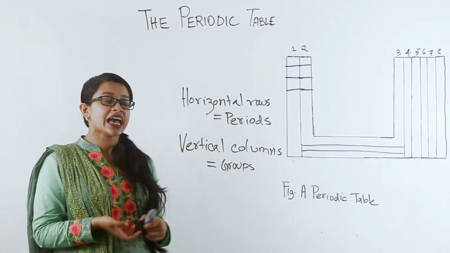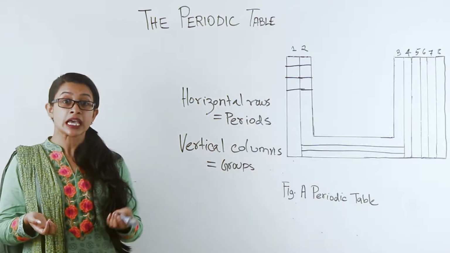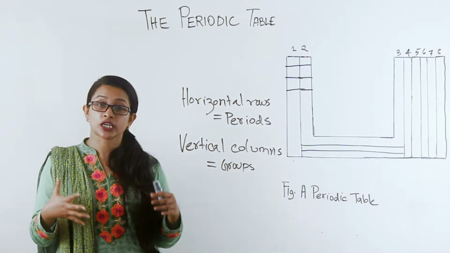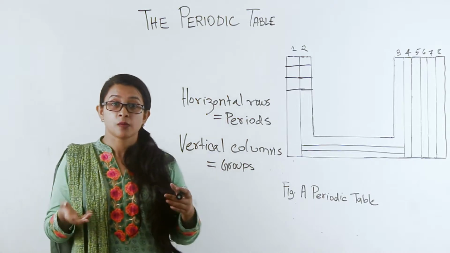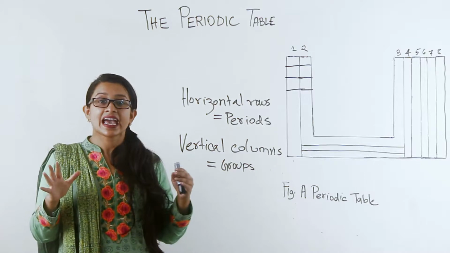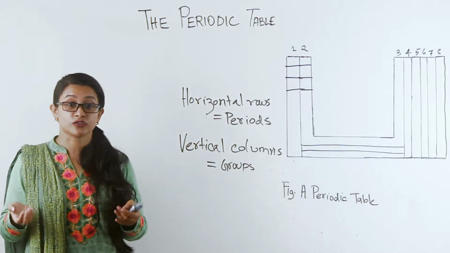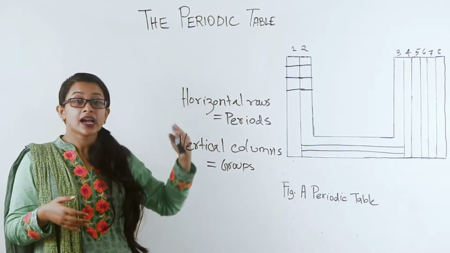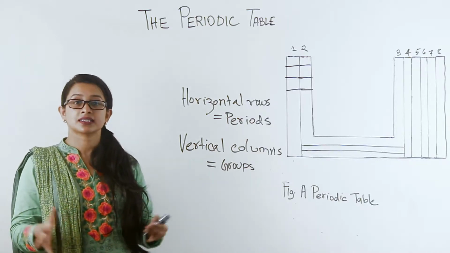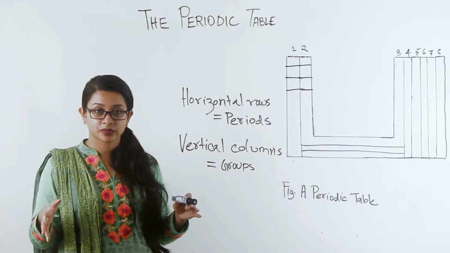Because as we have discussed when we were talking about electronic arrangement, the third shell can be completed by a total of 8 electrons when it is up to the first 20 elements, and above that, the third or the fourth shell is completed when there is a total of 18 electrons, right? So why are the group 0 or the group 8 elements considered inert? Because their outermost shell is always completely full.